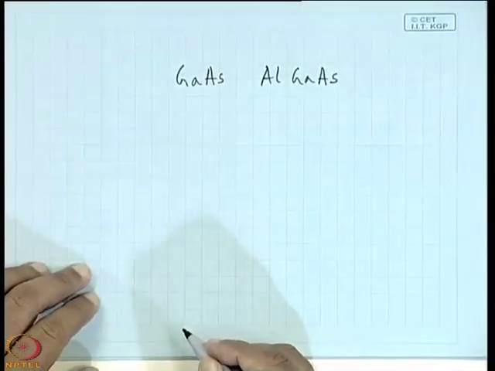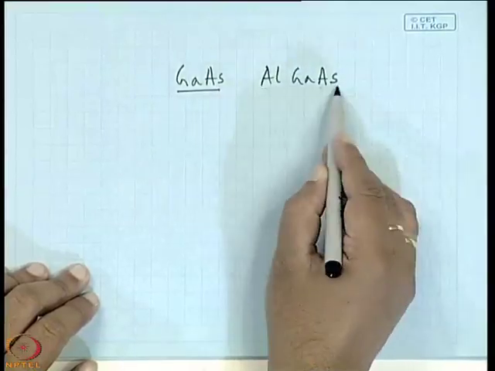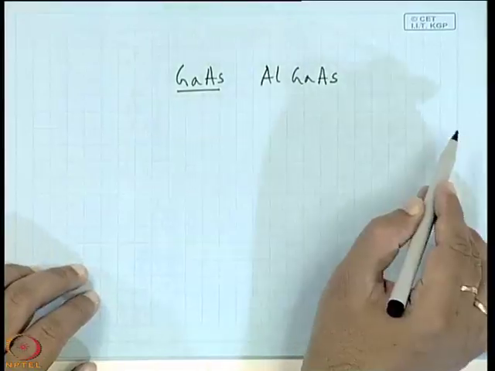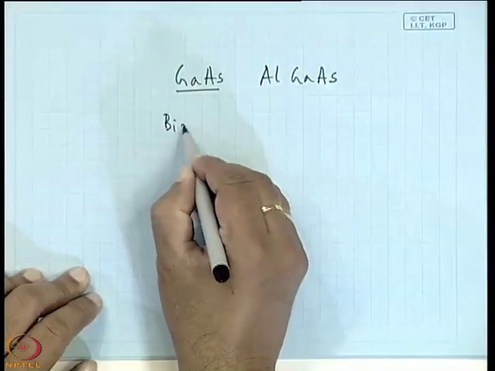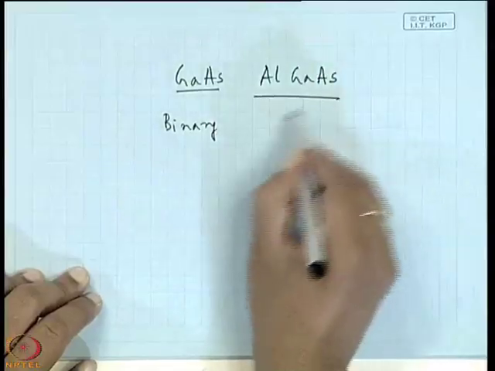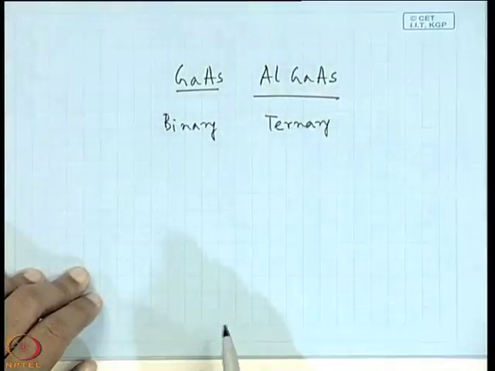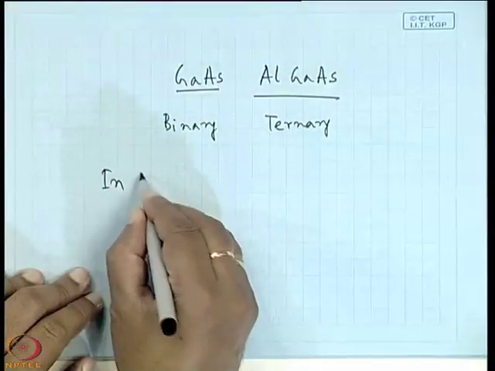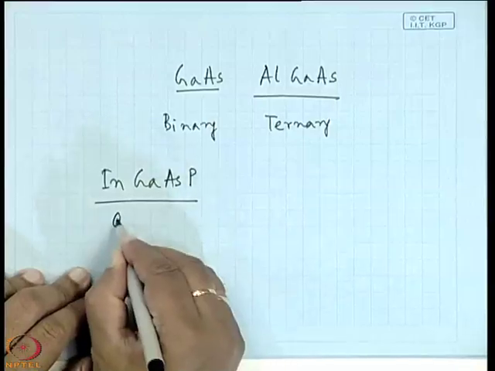Gallium arsenide is 3,5, aluminum gallium arsenide is also 3,5, but that is known as ternary. Gallium arsenide is binary, this is ternary, that means 3 elements are involved. And say indium gallium arsenide phosphide, it is known as quaternary.